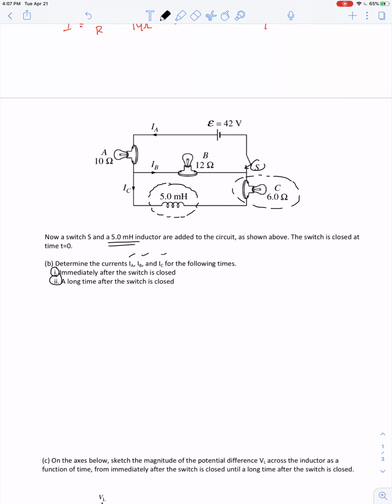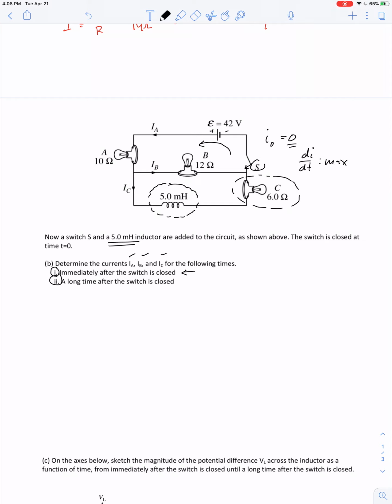Okay, so let's do it for immediately after the switch is closed. Initially, since the switch is open, the current is 0. And then if you close the switch, a current has to develop in accordance with the polarity of our battery. And so even though the current is at its minimum value of 0, the rate of change of current initially is at its maximum value.